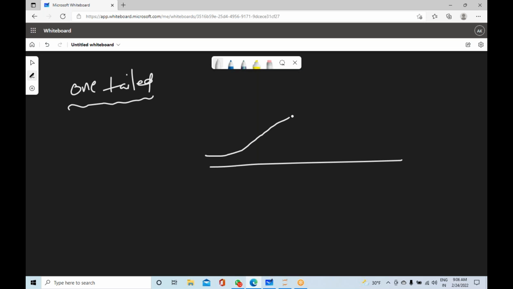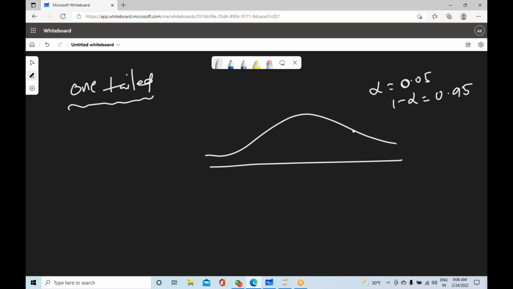Let me explain what is one tail. When I go with one tail, we have normally distributed data. I have some alpha value, this is your significance value. Previously I told you about the significance value, for example 0.05. In this case 1 minus alpha is 0.95.